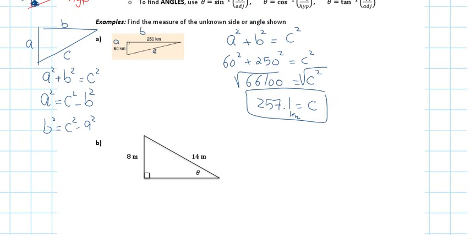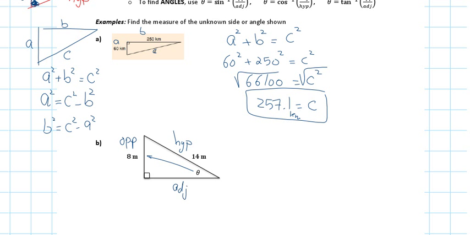So 14 is what? It's the hypotenuse, yeah? How about the 8 meter? That's your opposite because that's the one that's opposite to your angle of interest. And right away, that will become your adjacent.